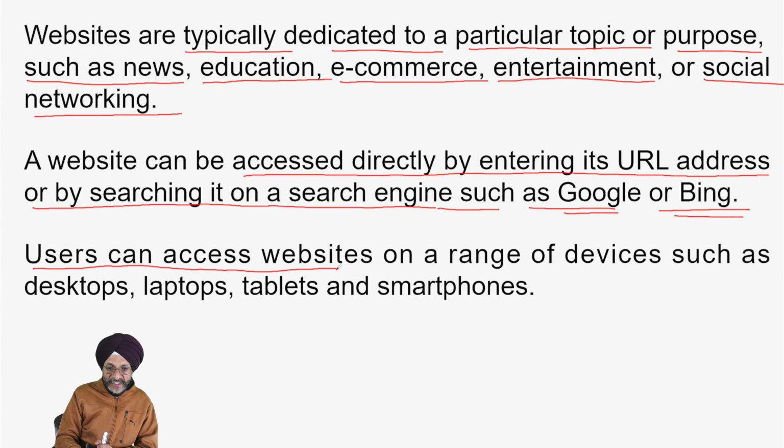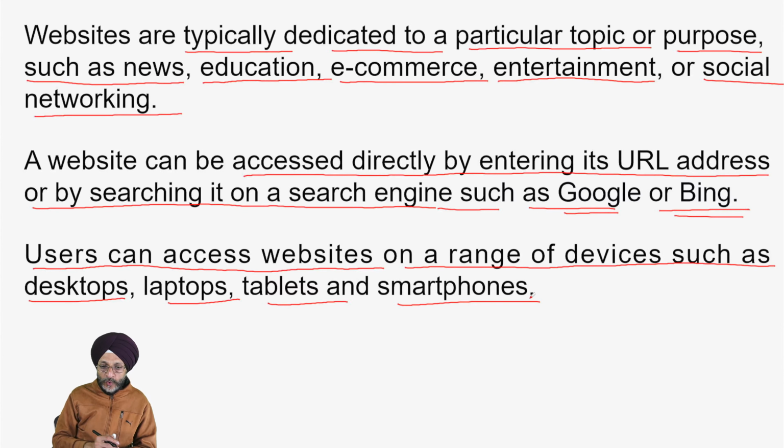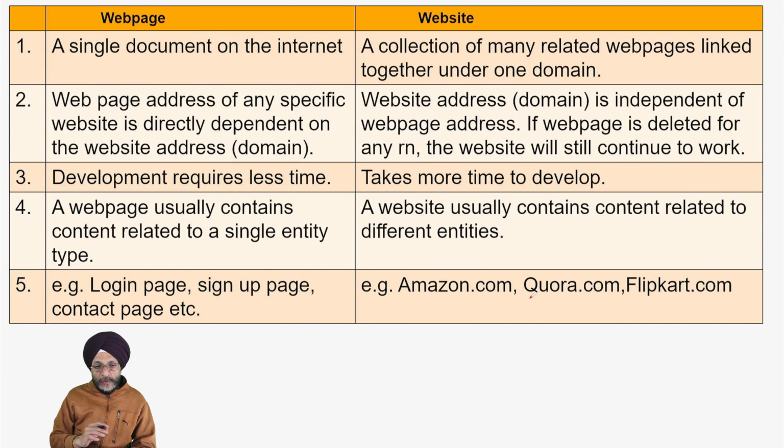Users can access websites on a range of devices such as desktops, laptops, tablets, and smartphones. That is, you can access any website on your desktop, smartphone, or any other laptop. Now, we have differentiated web page and website in a tabular form.